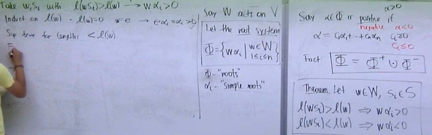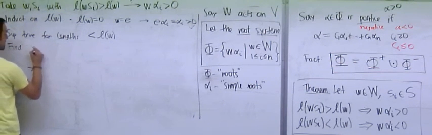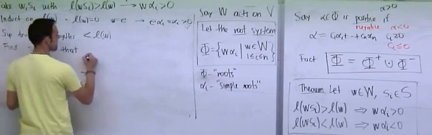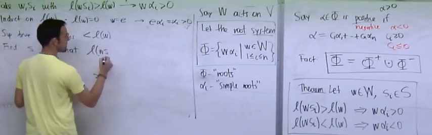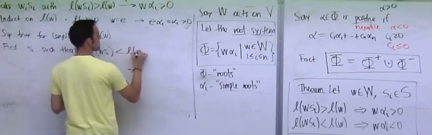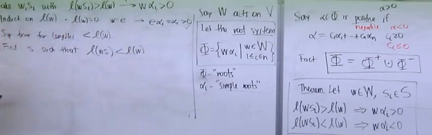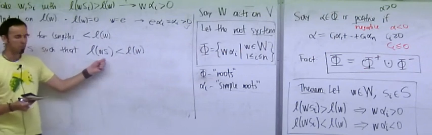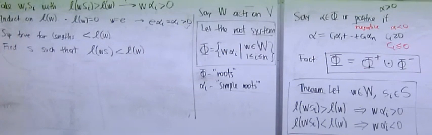So find some generator s such that Ws is shorter than W. And then what I want to do is prove the statement for W by deducing it from the statement for Ws. Okay? Now, here's what I'm going to do.